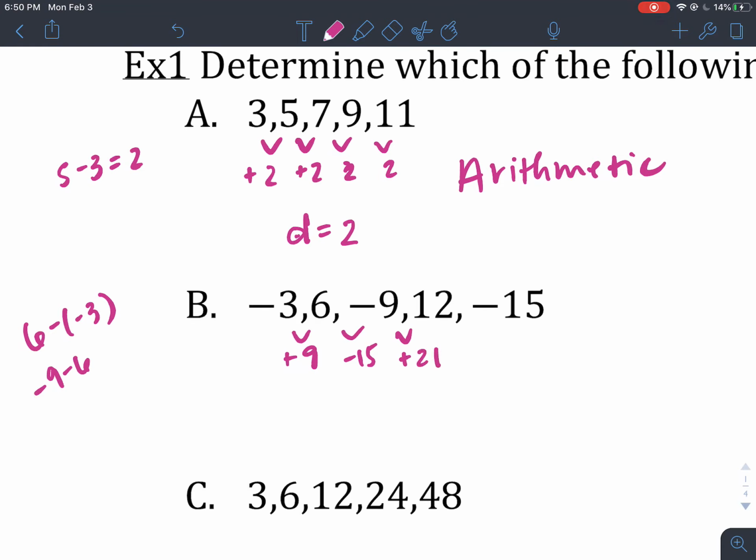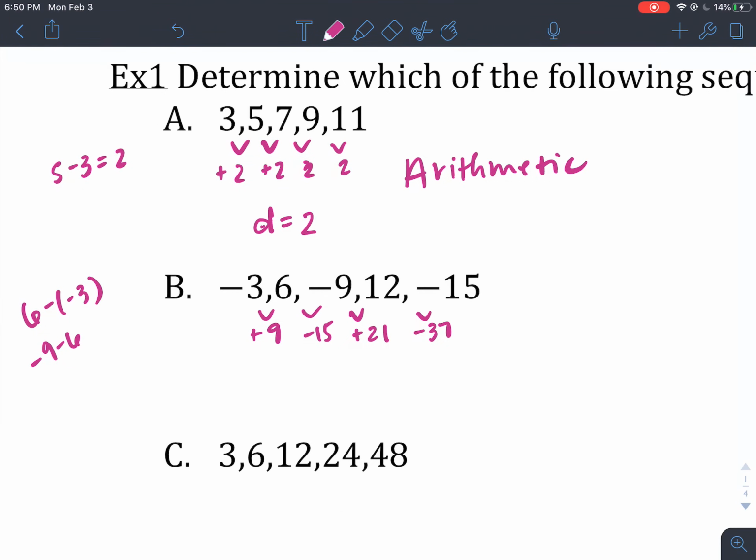This is going to be a plus 21 and then a negative 37. But once I see that these two right here are not the same difference, I cannot have a common difference for all of my consecutive terms. So we say this is not arithmetic. And the reason for that would be there is no common difference. Okay, so it's not arithmetic, no common difference is the reason why.